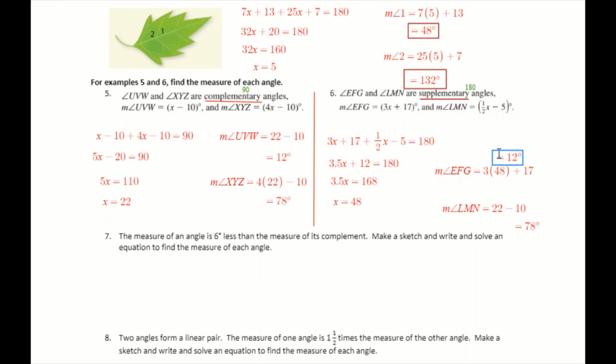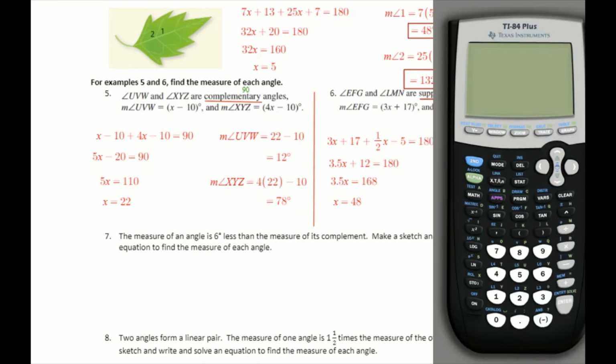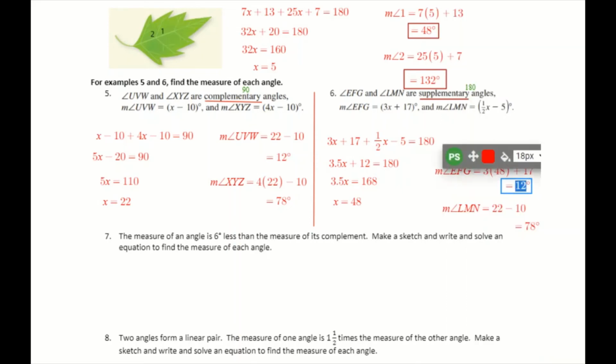Okay, so 3 times 48, let's pull up the calculator. 3 times 48 plus 17 is going to be 161. So this is equal to 161 degrees.